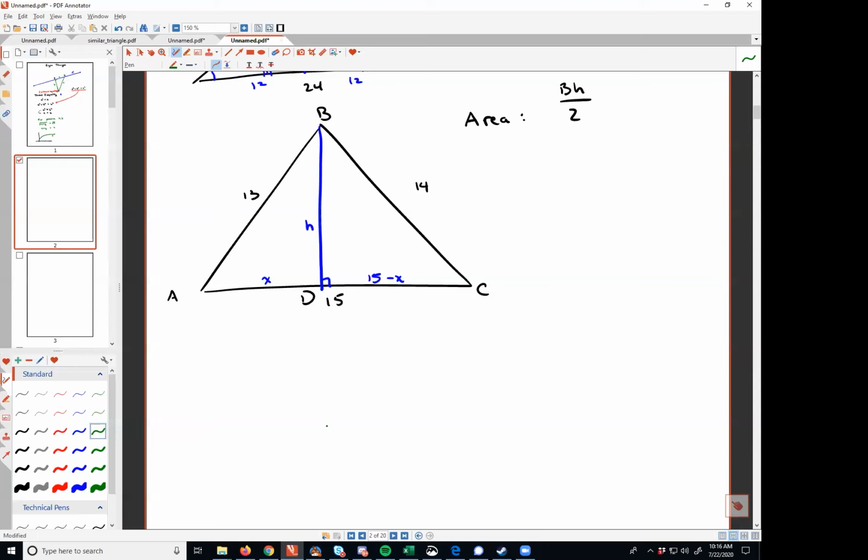Well, we already have right angle triangles in this diagram, don't we? What can we do with those right triangles? Focus on triangle ABD for a moment.